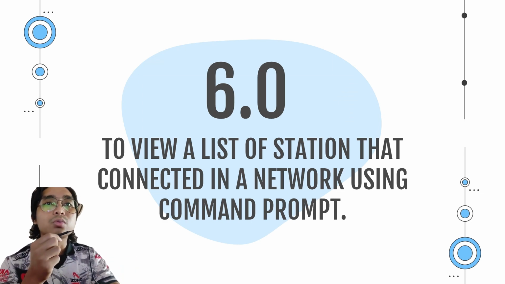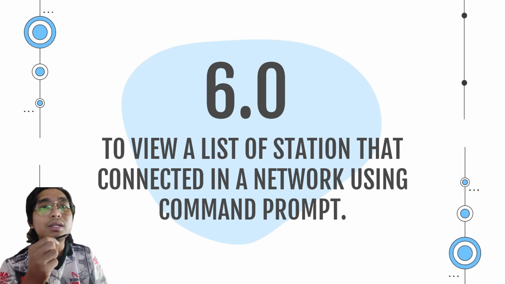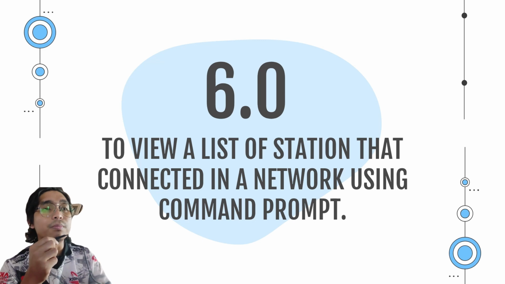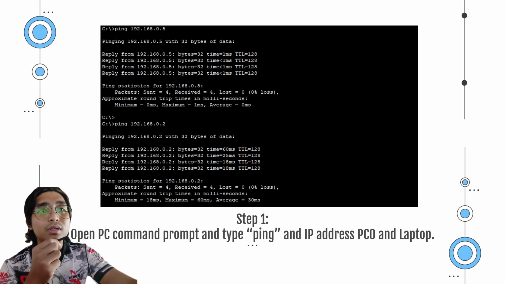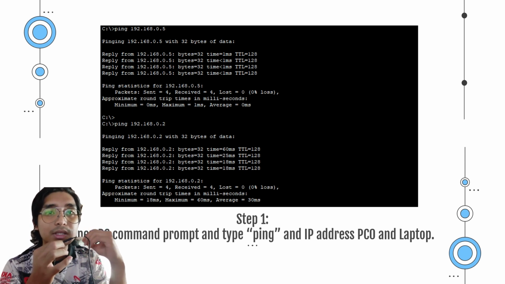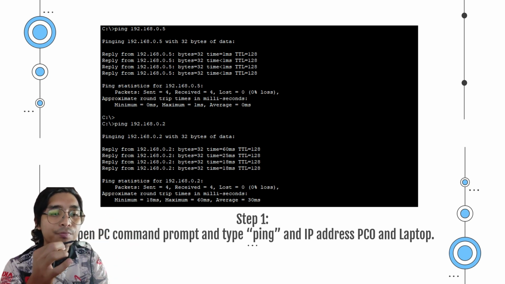And how do we view the stations that are connected in a network using a command prompt? So we need to open the command prompt and type ping and the IP address. For example, we open the PC and we need to ping to the PC0.